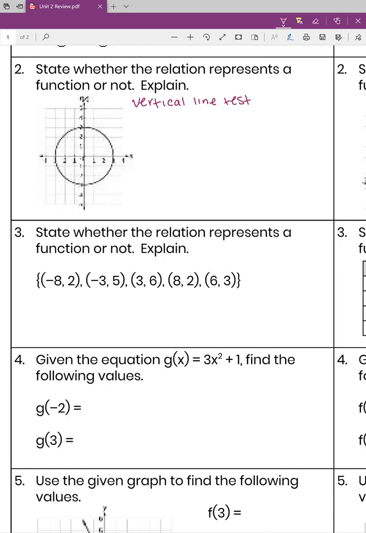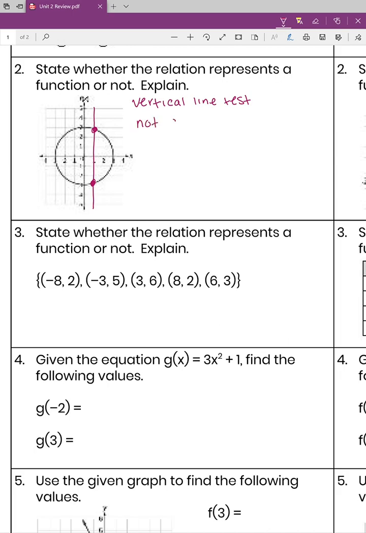If it hits the graph more than one time, it is not a function. So let's check our graph and draw a vertical line. Notice that my graph crosses here at the bottom and right here at the top. Since it crosses at 2 points, this is not a function.